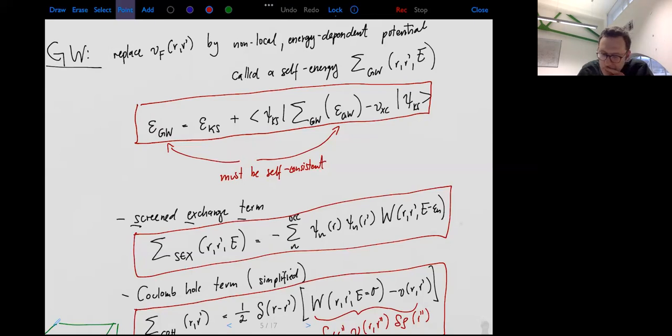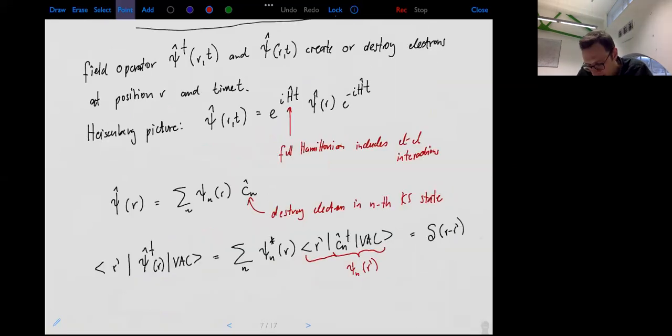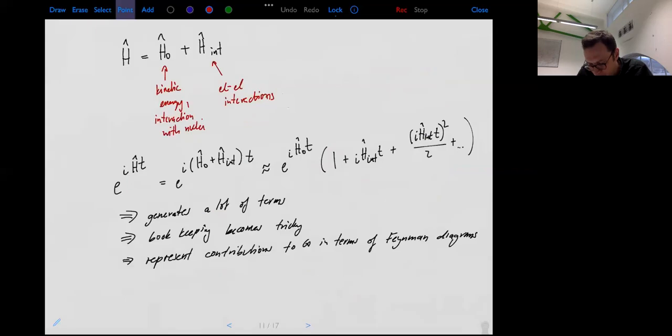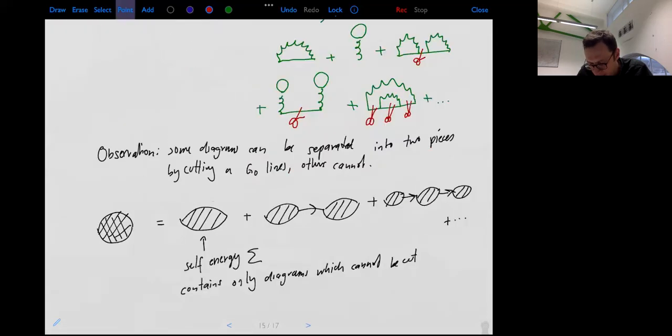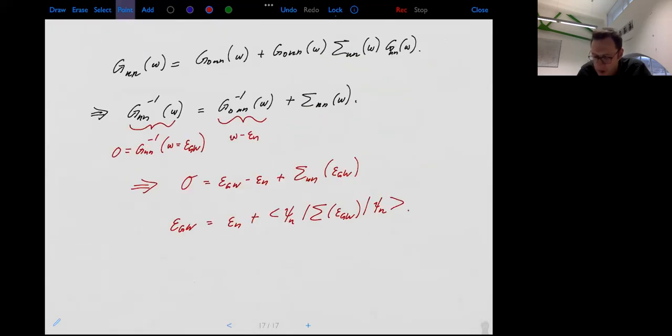Now, there's one difference here, as you probably noted. We subtract this exchange correlation potential here, and this subtraction doesn't seem to be happening here.